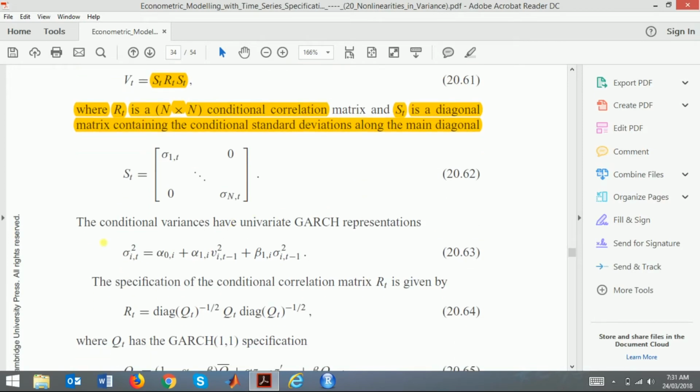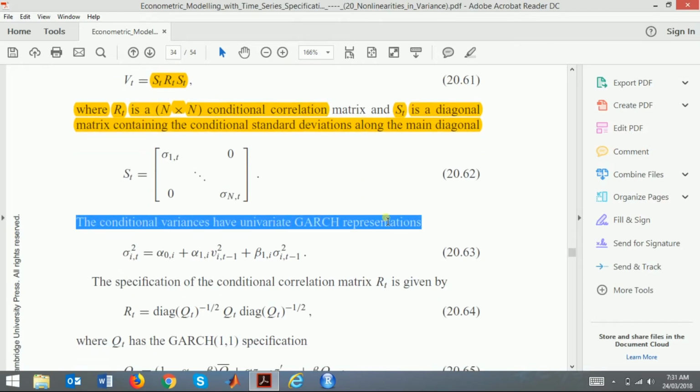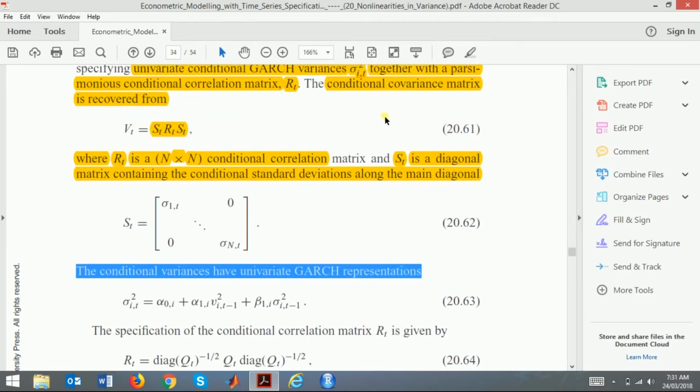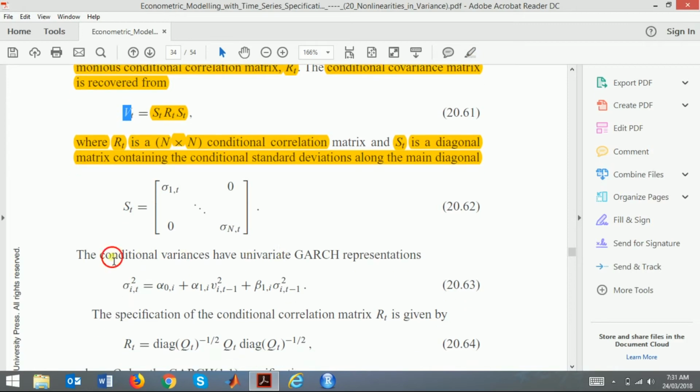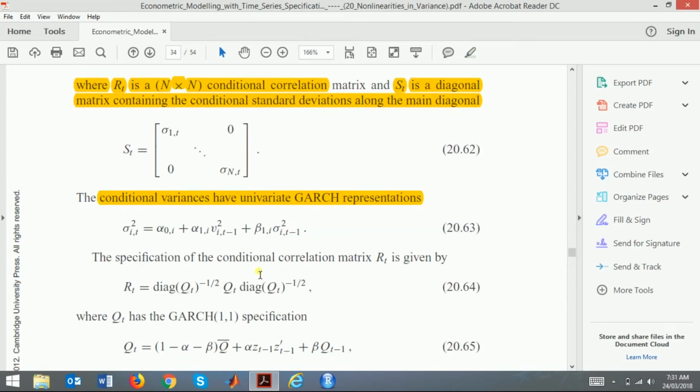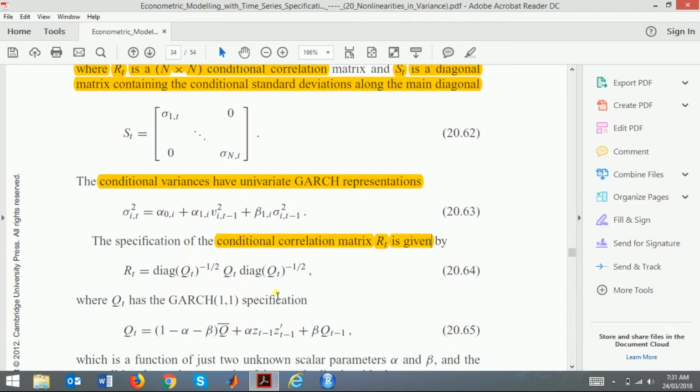The conditional variance has a univariate GARCH representation. So first, the conditional covariance matrix is V equals SRS, and the variance is the GARCH. The specification of the conditional correlation, on the other hand, is a decomposition.